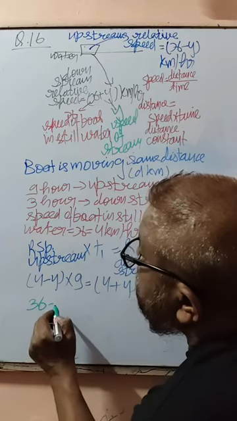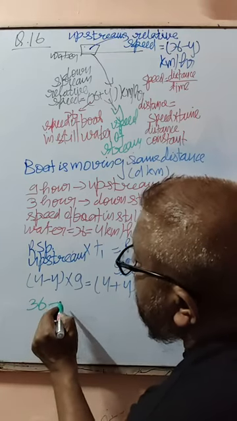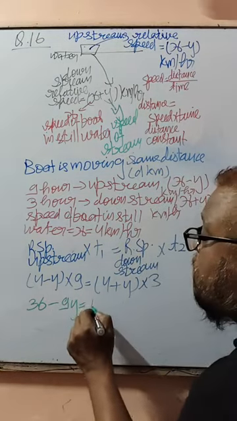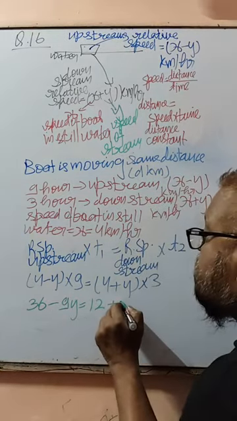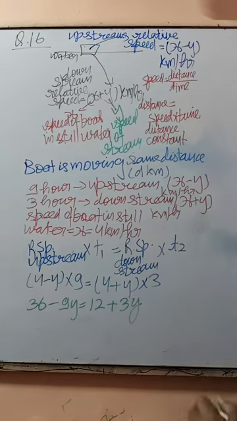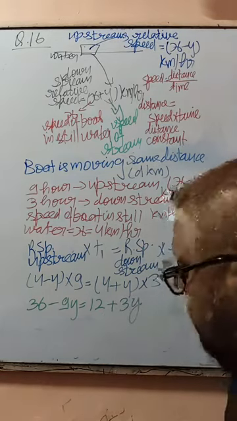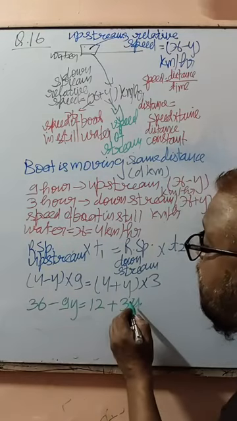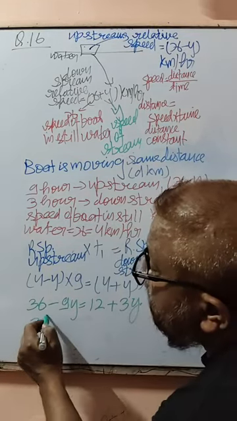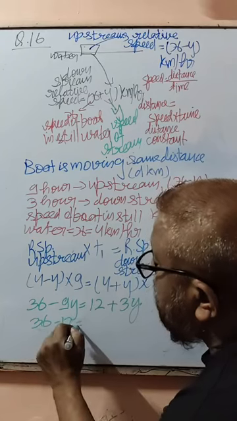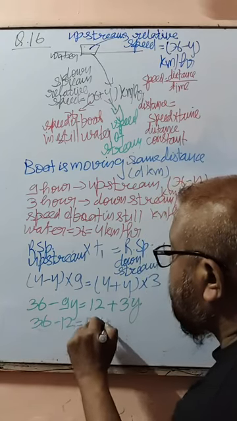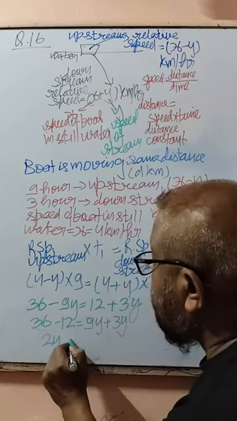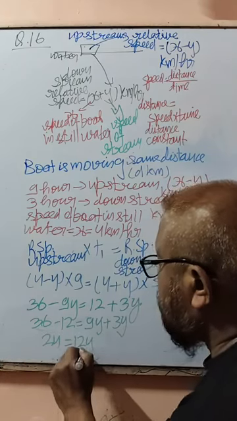36 minus 9y is equal to 12 plus 3y. Then this 9y comes here, the 12 goes there. So 36 minus 12 is equal to 9y plus 3y. So it becomes 24 is equal to 12y.